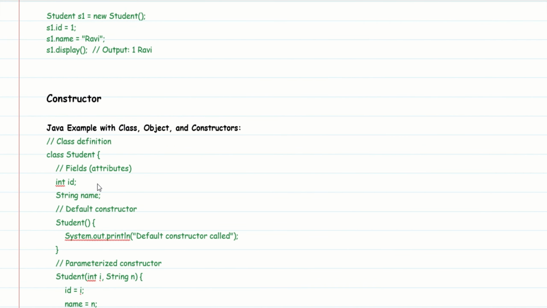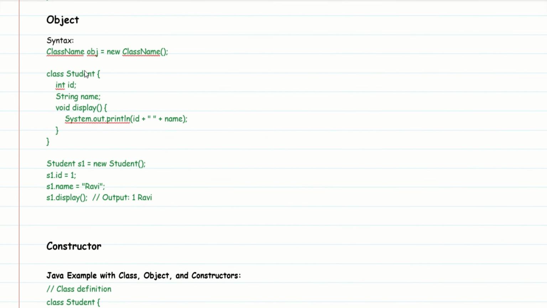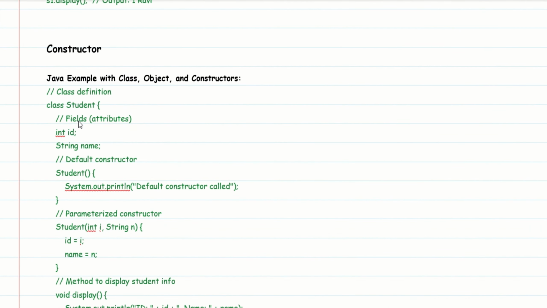It can be default, that is without parameters, or can have parameters as well. If you have not defined any constructor, the compiler will create a default constructor itself, with the same name, and it won't have anything. It's just a placeholder kind of thing.